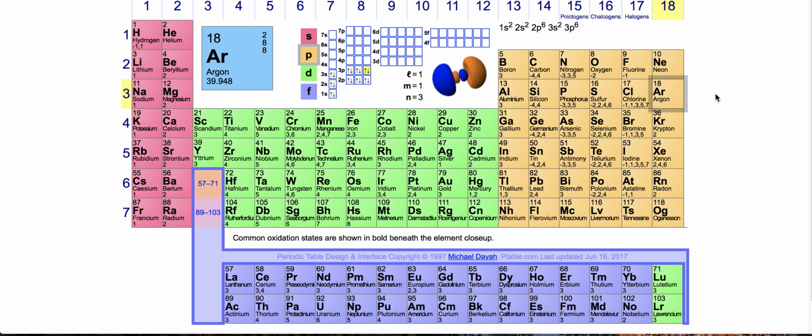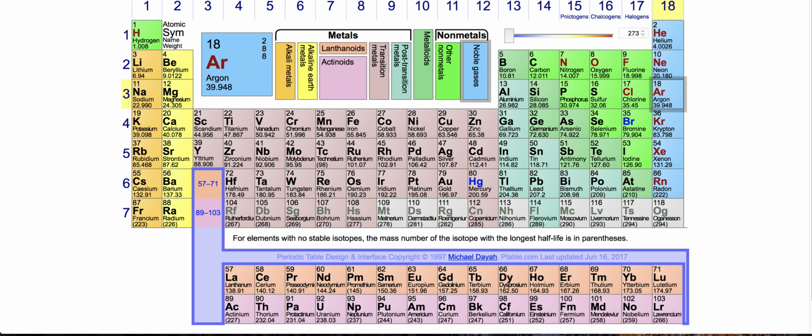Hello again. I'm going to try and do a little work with electron configurations in the periodic table. So I've got this groovy periodic table and it does all kinds of whiz-bang stuff, and I'm going to try and use it.